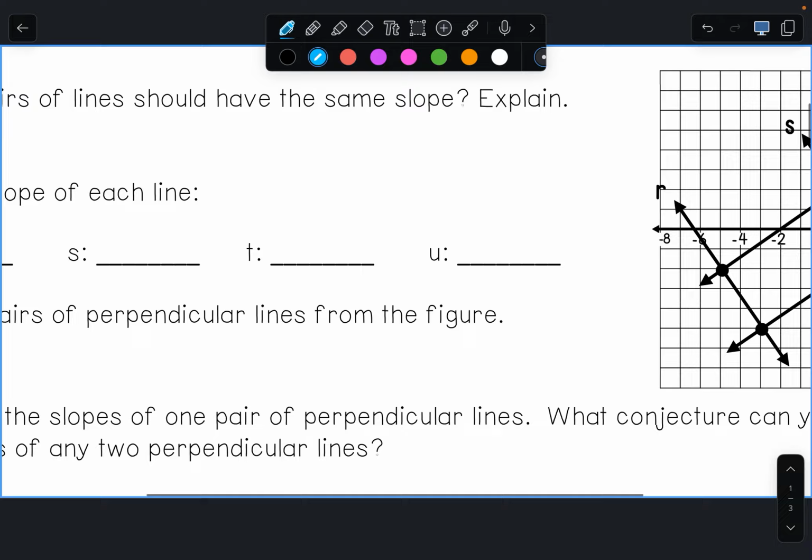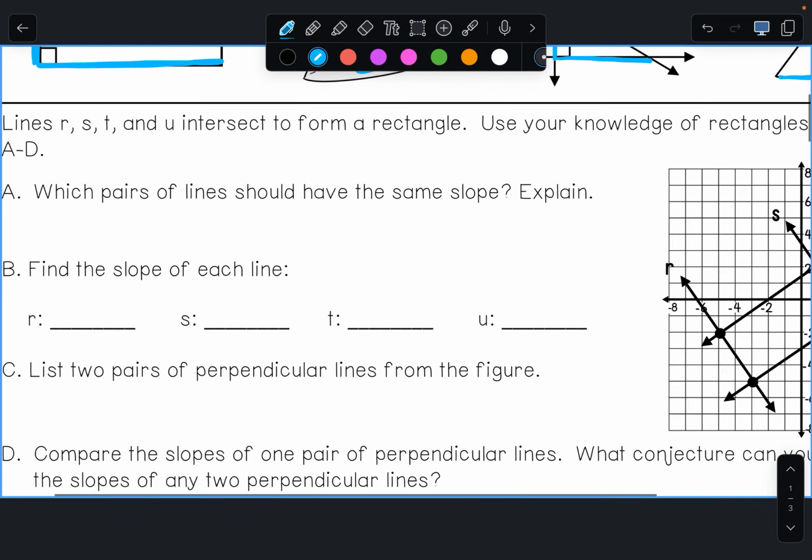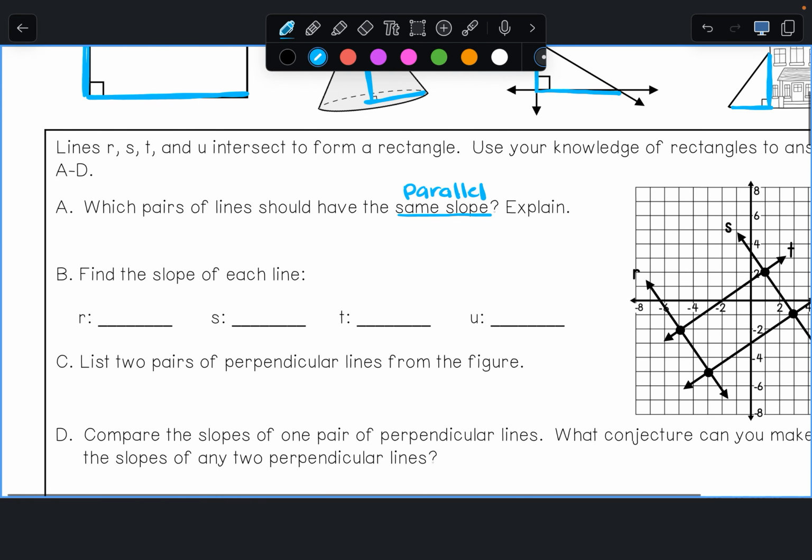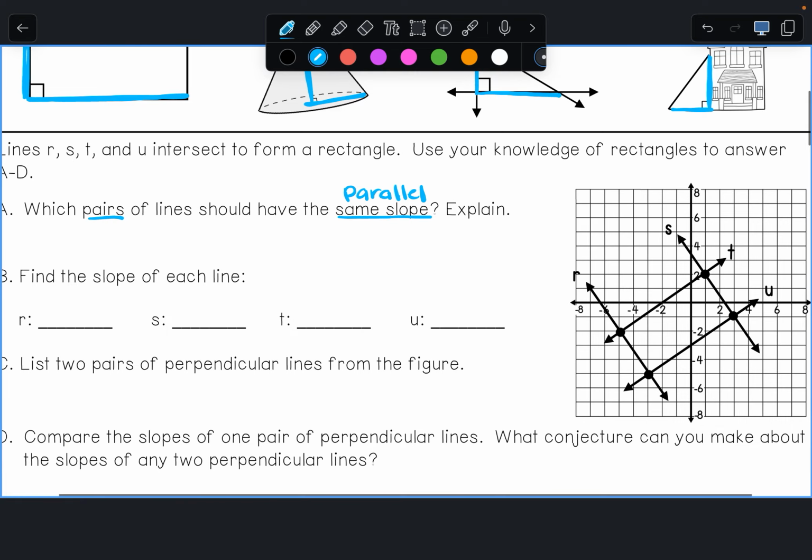Okay? Which pairs of lines have the same slope? If we're talking about same slope, what kind of lines are we talking about? Parallel. Parallel lines. So which pairs of lines form parallel lines? Give me two lines that form parallel lines.